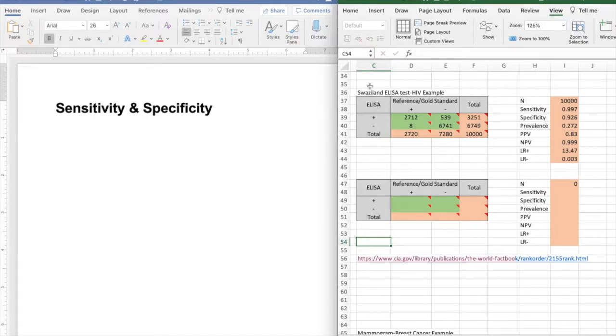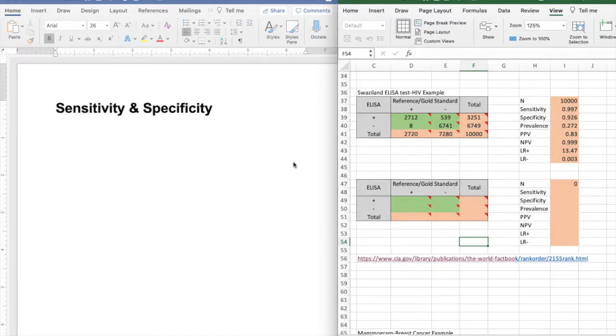This is real data, and I've got a table here, and basically we're just going to recreate the table to show you what all these numbers mean. So we've got N, which is a sample size we're going to make up, sensitivity, specificity, prevalence, positive predictive value, negative predictive value, positive likelihood ratio, and negative likelihood ratio.